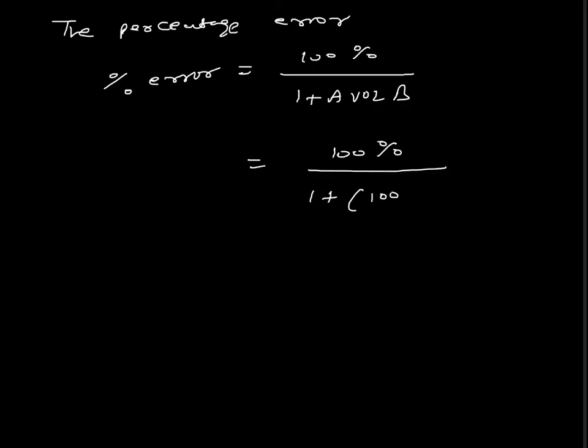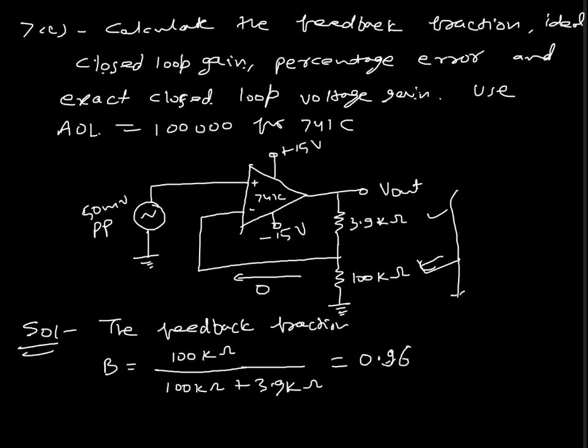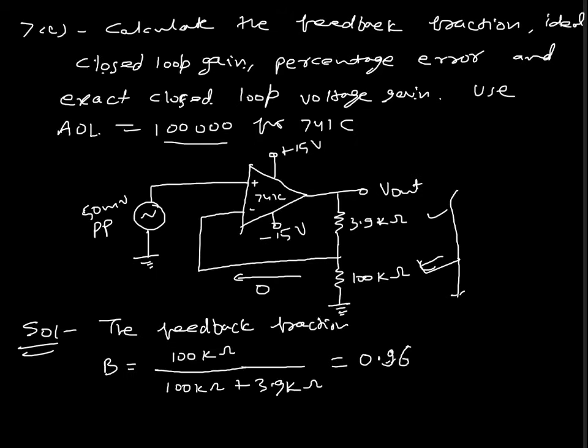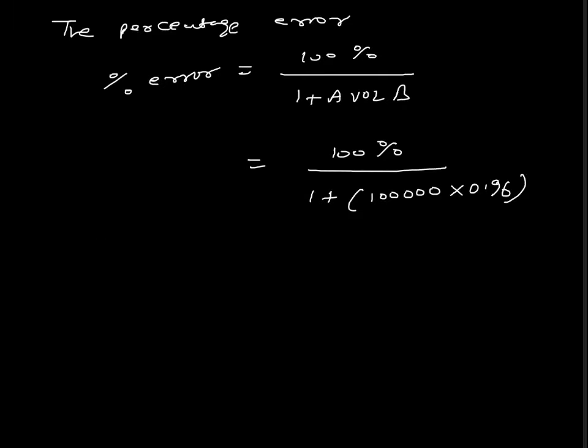This is given in the question. B is 0.96, so the B value from here we have taken 0.96. So if we solve this, we will get the percentage error.